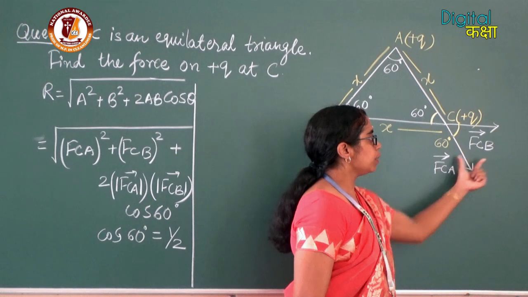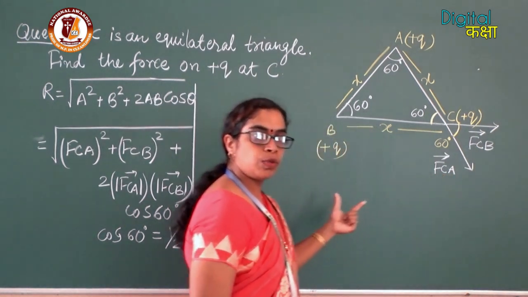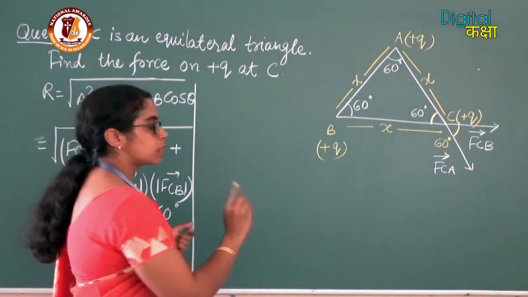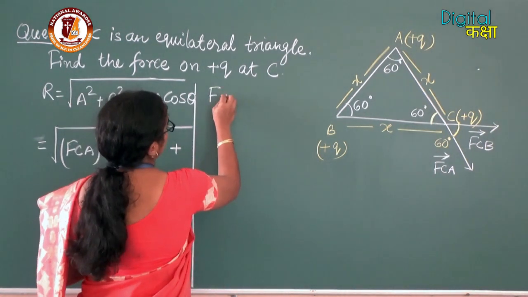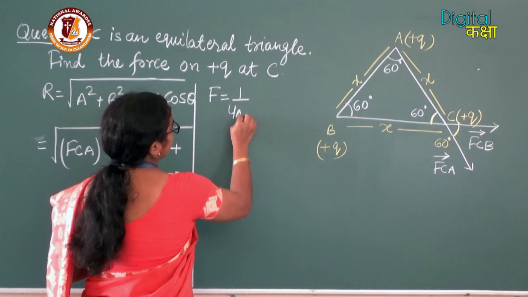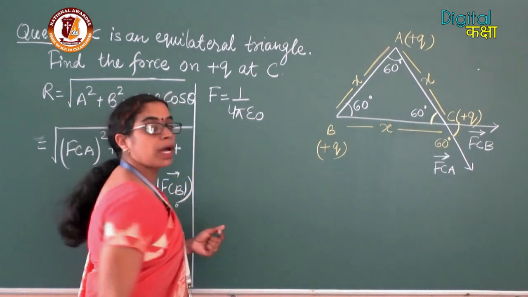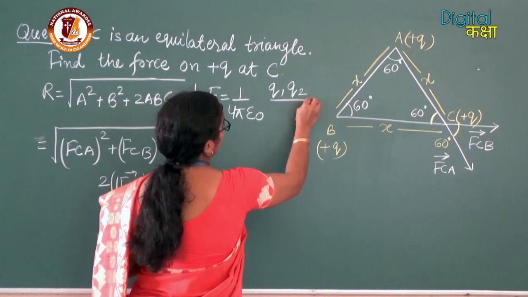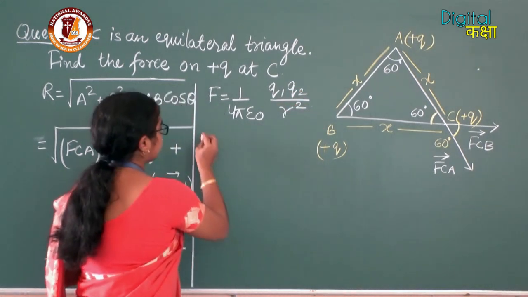and the magnitude of FCA and FCB can be calculated by the formula of Coulomb's law. That is, we know that F is equal to 1 upon 4 pi epsilon naught Q1 Q2 upon R square.